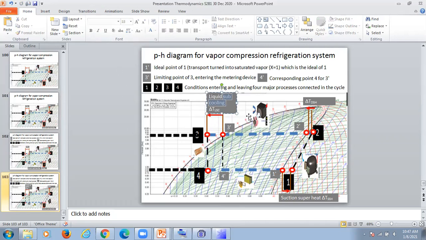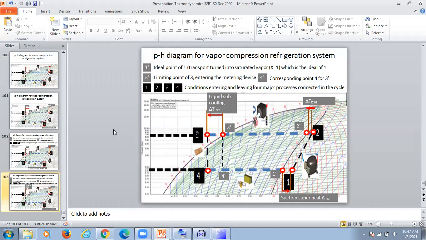So liquid subcooling or just simply subcooling. Because after unloading it turns into liquid, it is very essential for flashing. If no liquid, no flashing. So there should be a complete liquid form for the flashing effect here. Because if there is vapor, we have difficulty in bringing these sudden pressure drops.